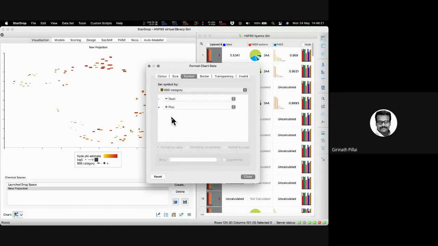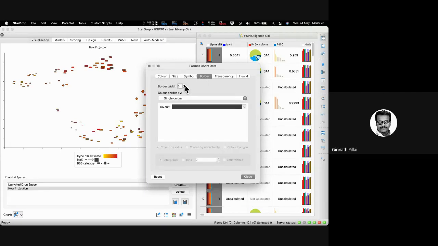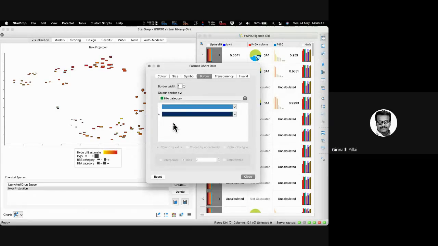So most of them are negative. And then I can give a border saying that I want a black border, mentioning human intestinal absorption. If there is no human intestinal absorption, then I want a black border. Like that you can give. So let me find HIA, human intestinal absorption. If it is negative, I'll say black background. If it is positive, I will say white background.